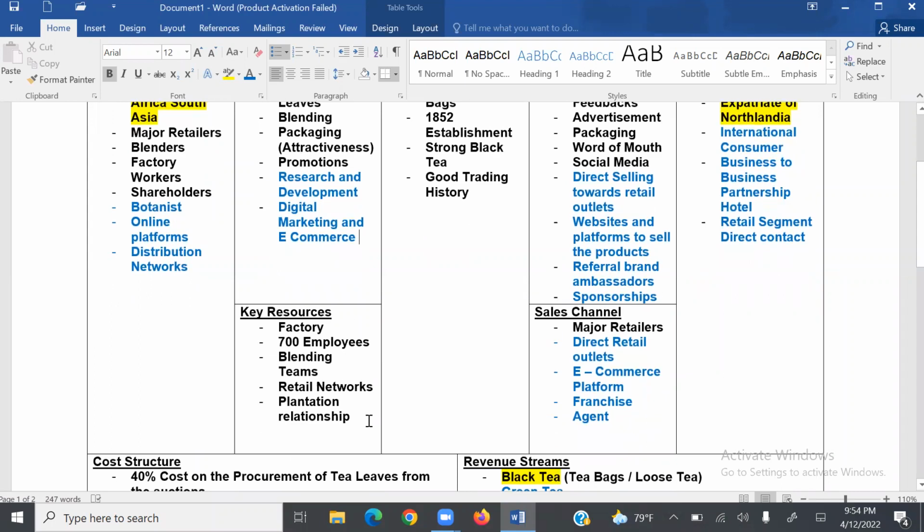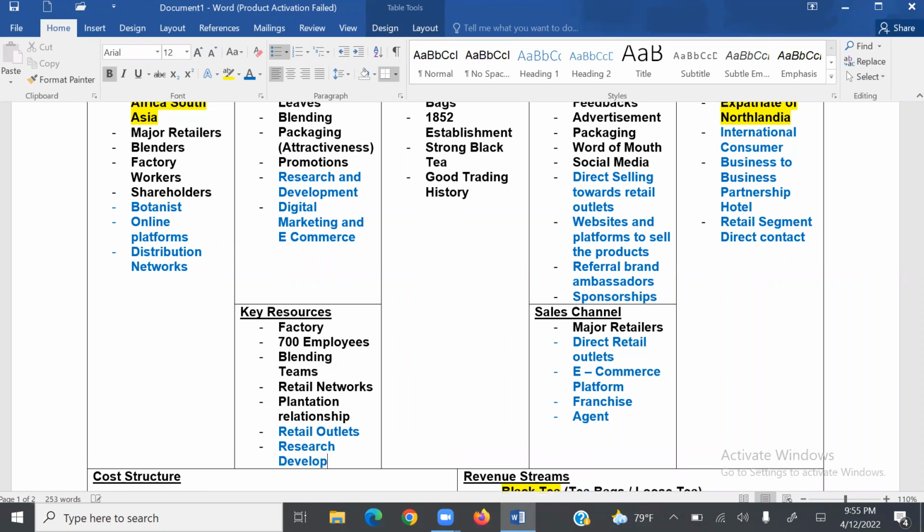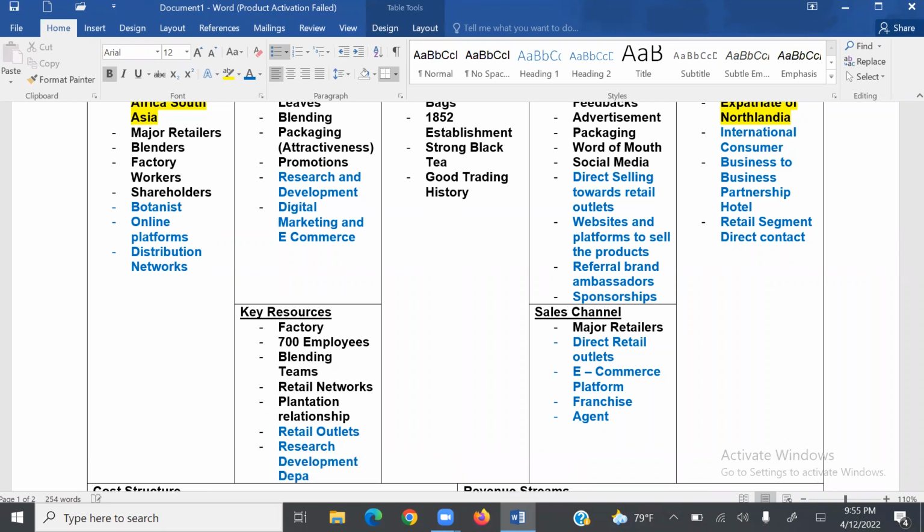The key resources that they can generally now improve, I can generally say, retail outlets. If they prefer, they can go for retail outlets, because that can end up as a key resource as well. And then the research and development department, I can generally say, although we do not have those things.